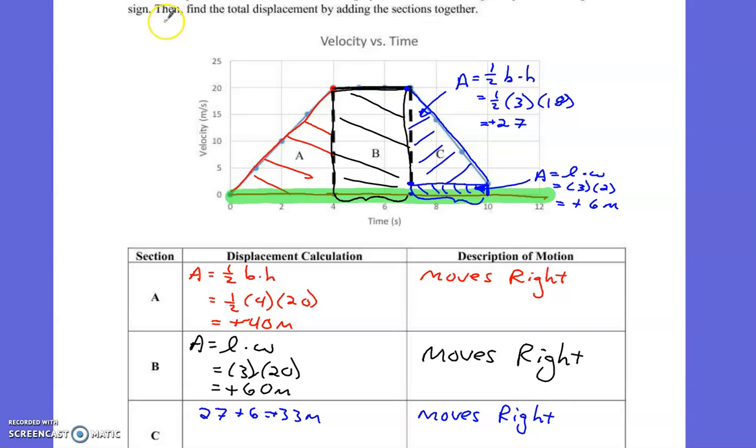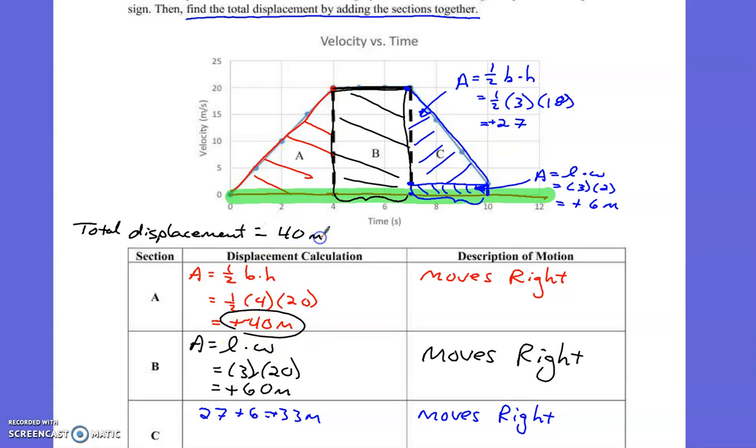And the final thing it asks is to find the total displacement by adding all the sections together. So to get the total displacement, I'll write that up here. The total displacement: I'm just going to take my numbers, 40, that's positive, plus 60, that's positive again, plus 33, and that's also positive.